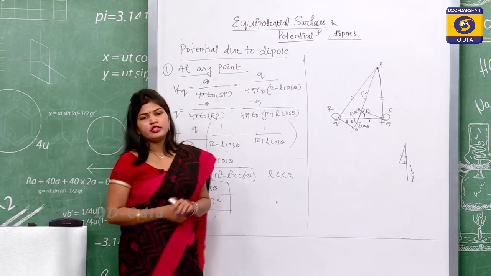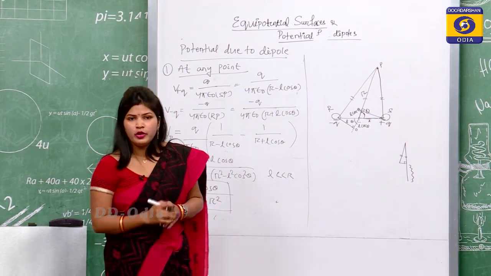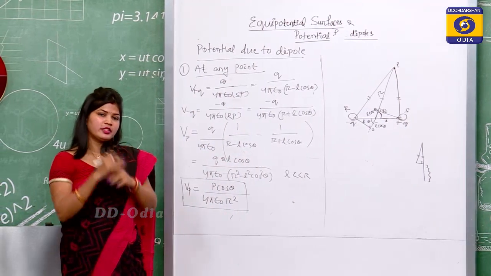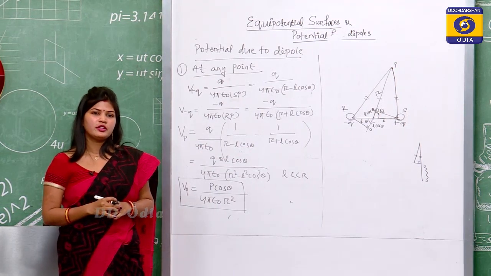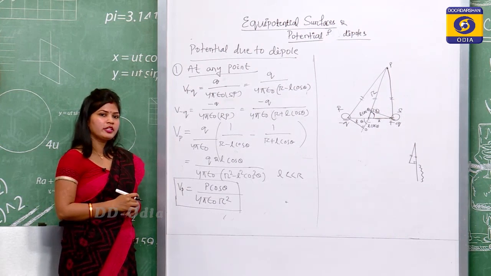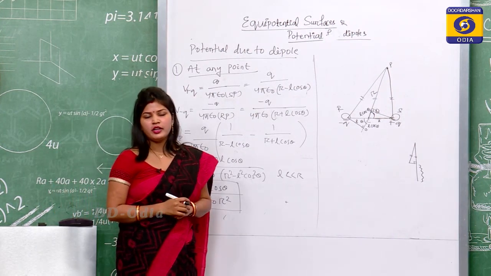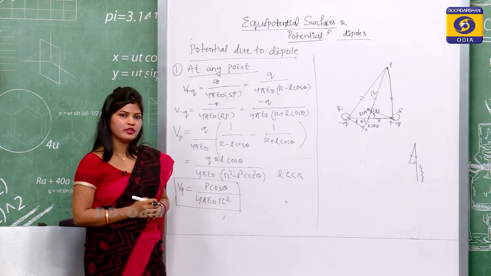Now, answer to my question: at what point does the electric field exist, but potential is 0? That point is on the equatorial line. At the equatorial line potential is 0, but there exists an electric field.